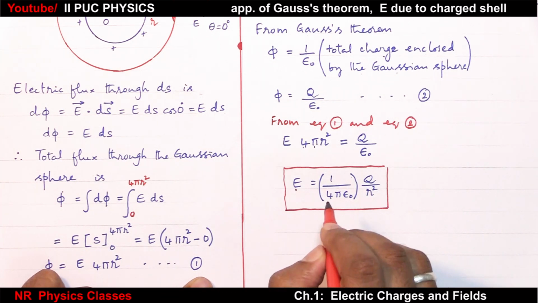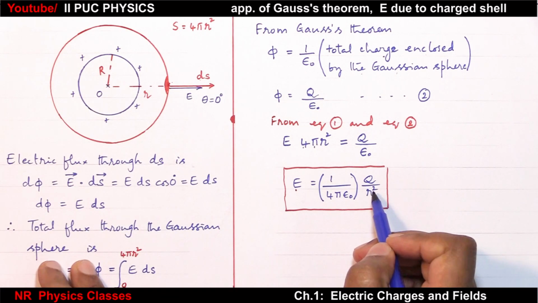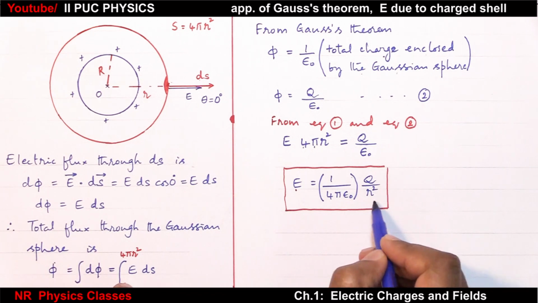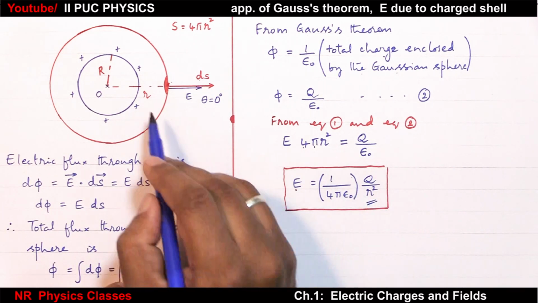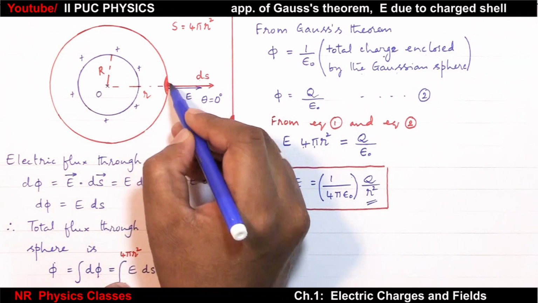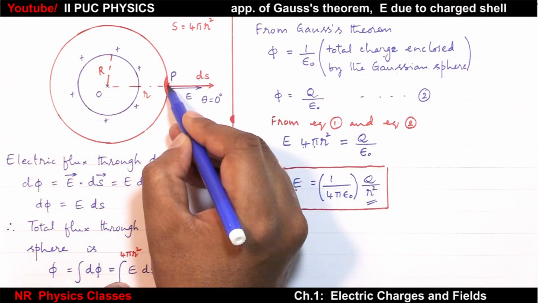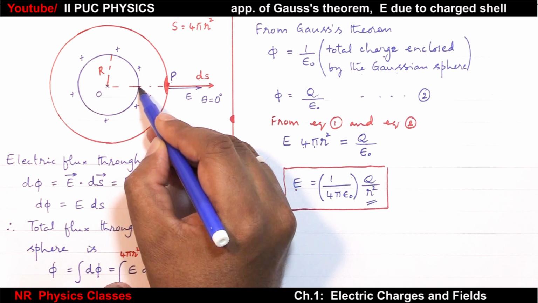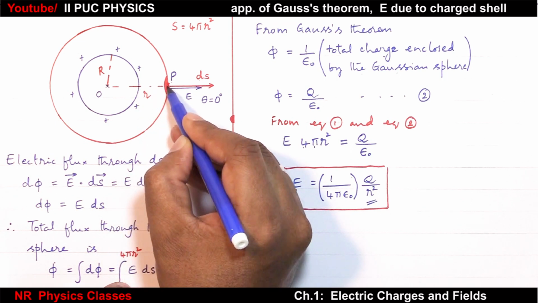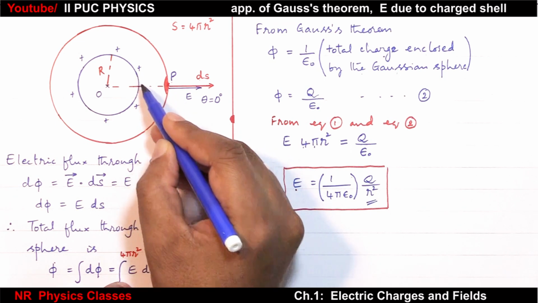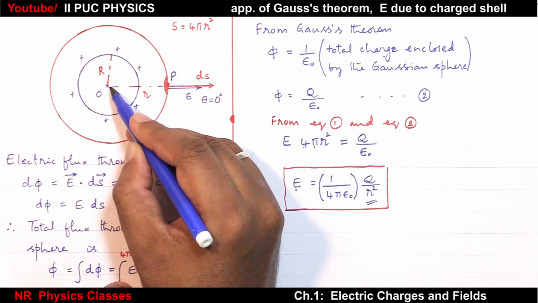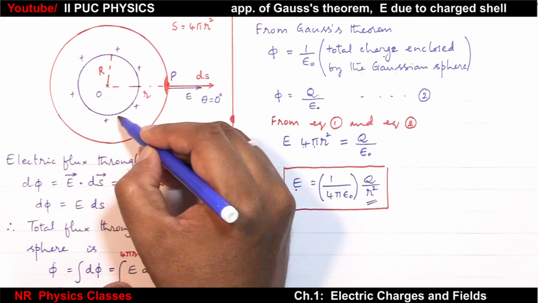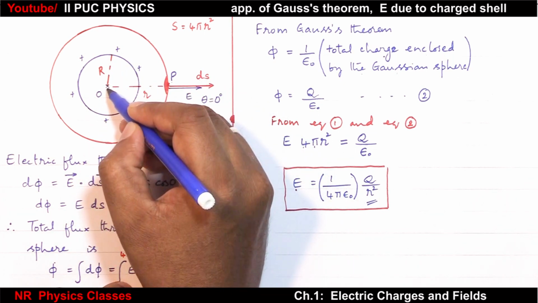What is so special about this Gauss theorem? Observe the denominator, small r, and observe the diagram. This point P is at a distance this much from the conductor, but you have to consider the distance from the center as though the entire charge is concentrated at the center.